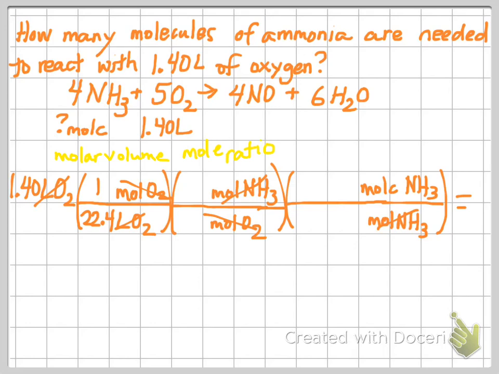To get my numbers for my mole ratio, it's the coefficients from my balanced equation. So I have a coefficient of 4 in front of ammonia and a coefficient of 5 in front of oxygen. Now, this is one of my count conversion factors. The easy number is moles, it's 1, and this is where Avogadro's number comes in.